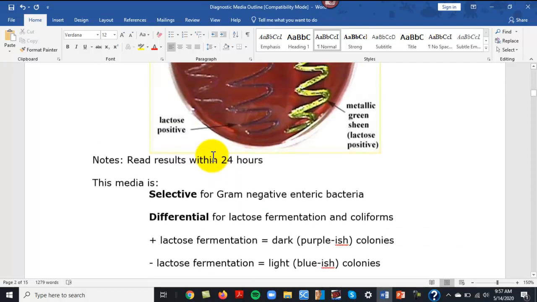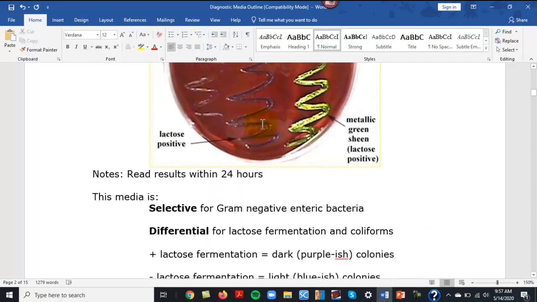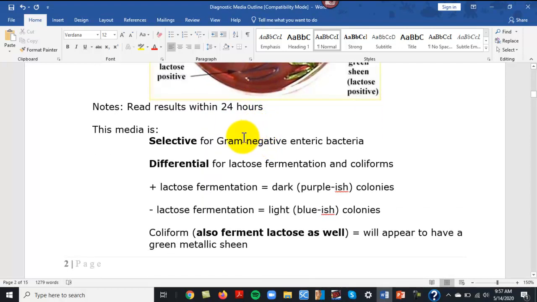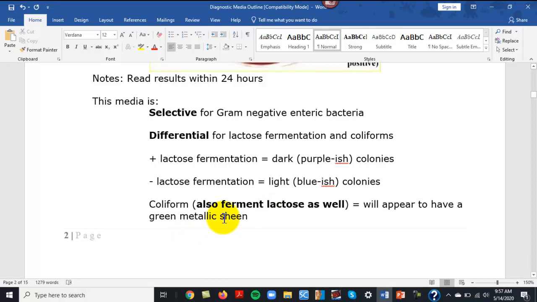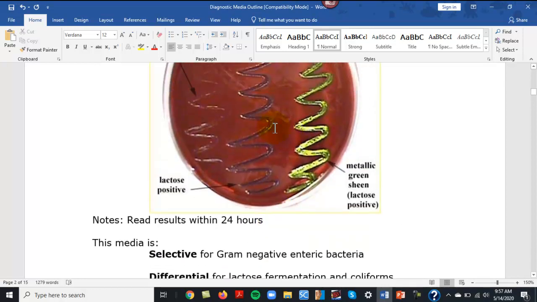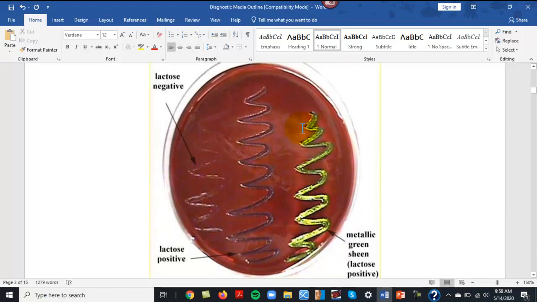In this case, this media has lactose, a milk sugar. So it's differential for lactose fermentation and coliforms. Now, a coliform is a gram-negative rod that ferments lactose with acid and gas production in 24 hours. Coliforms also are lactose fermenters, but they look different on EMB than anything else.